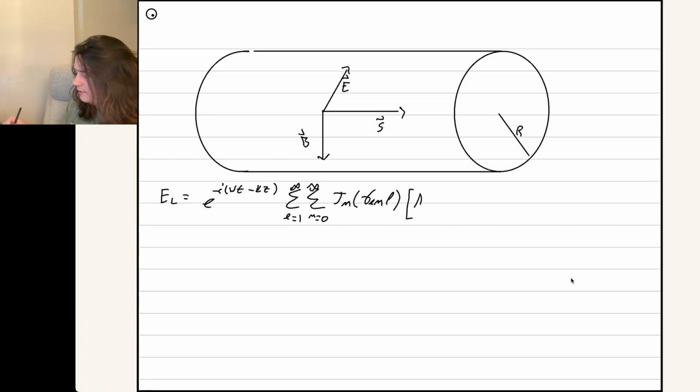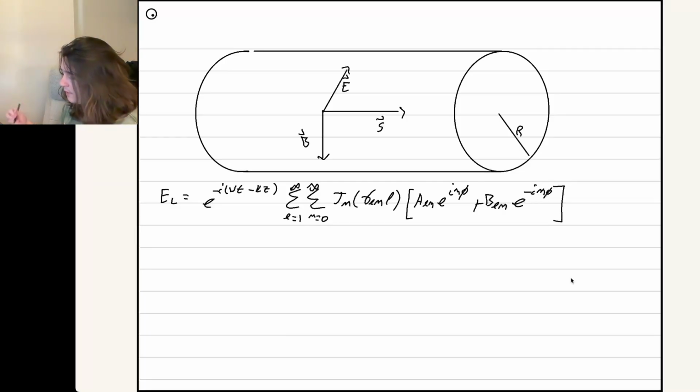And then you'll have your phi dependence, which is going to be some constant a_Lm of e to the im phi, and then some other constant b_Lm e to the minus im phi. So gamma Lm is just x_ml over r, where x_ml is the lth root of the mth Bessel function.